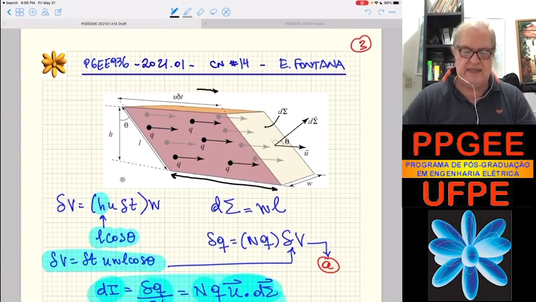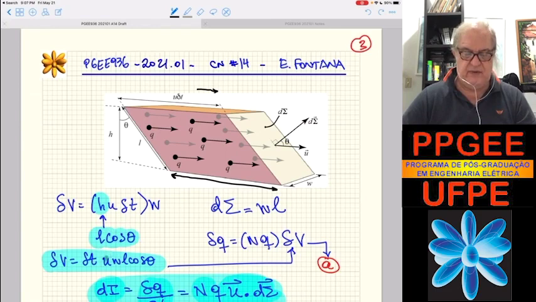And you notice that h equals L cosine theta, right? And notice theta is the angle between the velocity vector and the normal to the surface. So that's what we have there.